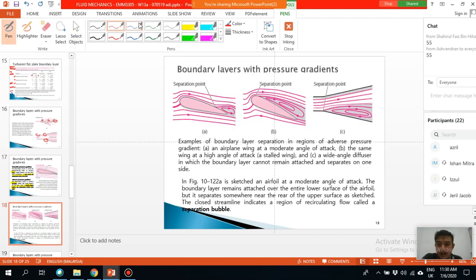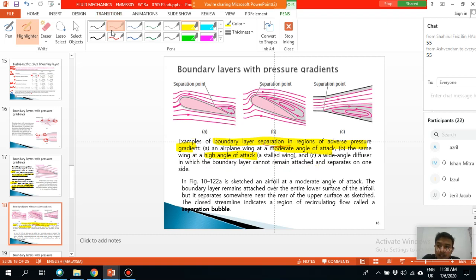This is an example of boundary layer separation. Boundary layer separation in region of adverse pressure gradient. A is an airplane wing at moderate angle of attack, B at high angle of attack, and C is wide angle diffusion in which the boundary layer cannot remain attached and separates on either side.